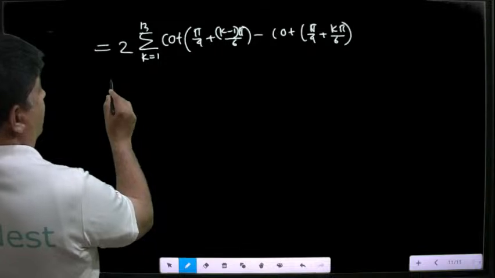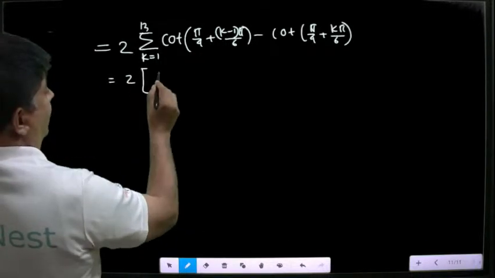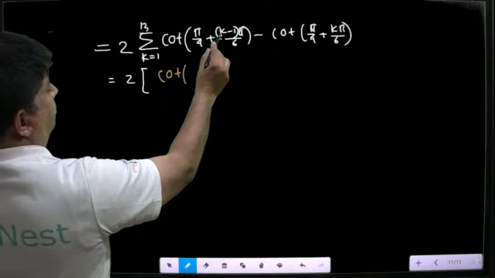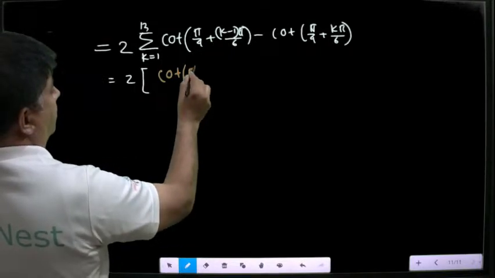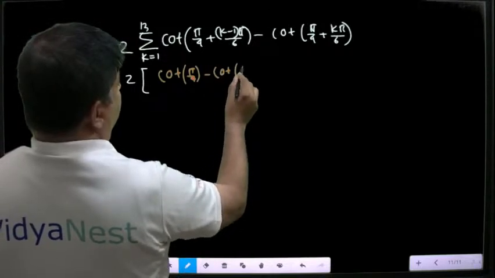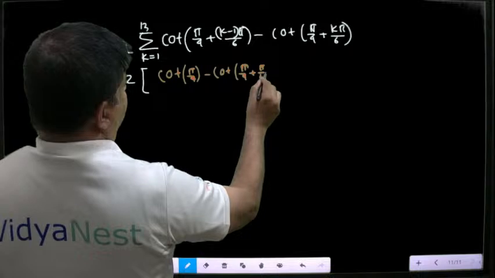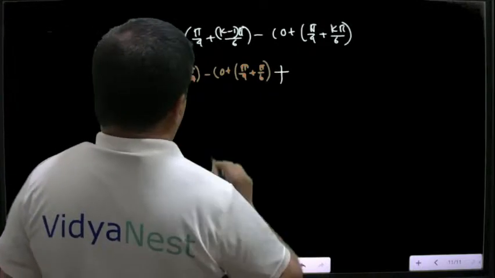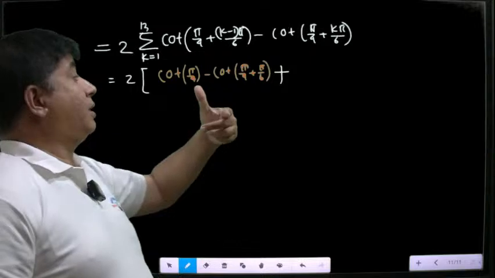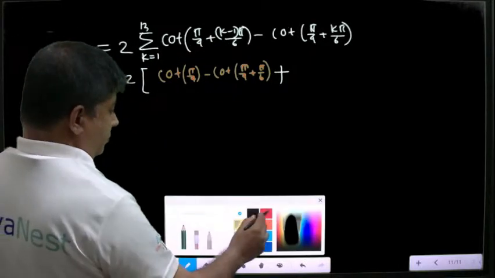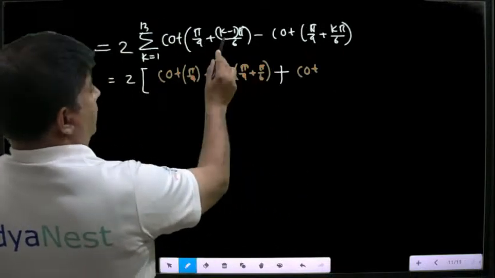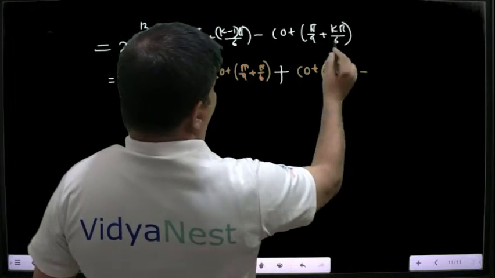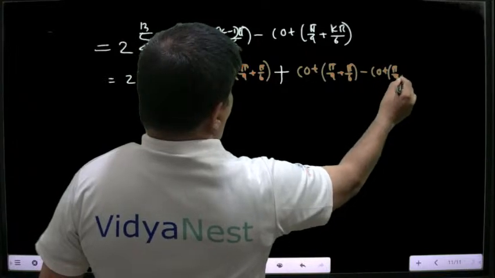फर्स्ट k का जगह में 1 पुट कर रहा हूं, ये 1 पुट करने से ओनली कॉट π/4 आएगा माइनस कॉट(π/4 प्लस π/6) प्लस, नाउ k का वैल्यू एक एक करके इंक्रीमेंट हो रहा है। k का वैल्यू 2 हो जाए, कॉट(π/4 प्लस π/6) यहां पे, cot(π/4 plus 2π/6).